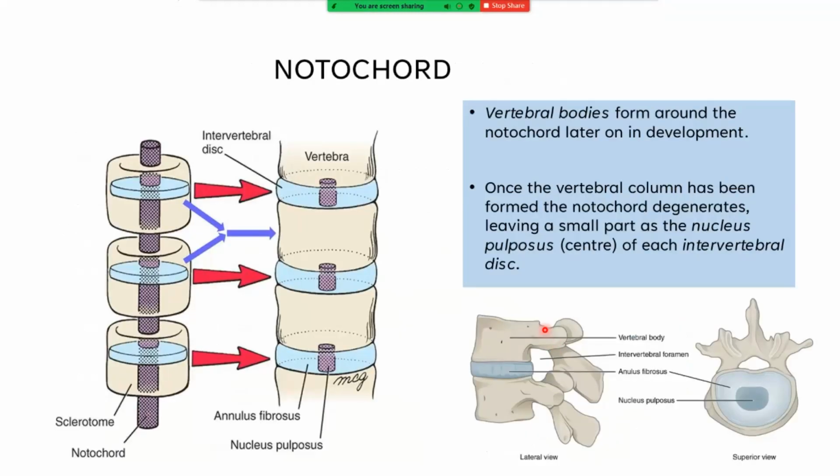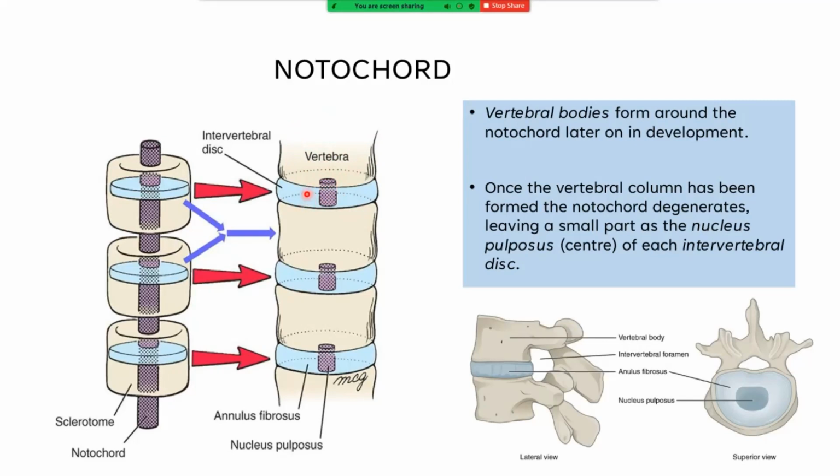Vertebral bodies form around the notochord later in its development. Once the vertebral column has been formed, the notochord degenerates. Once the vertebral column has formed completely, the notochord within the vertebrae degenerates, except at some part of the intervertebral disc.